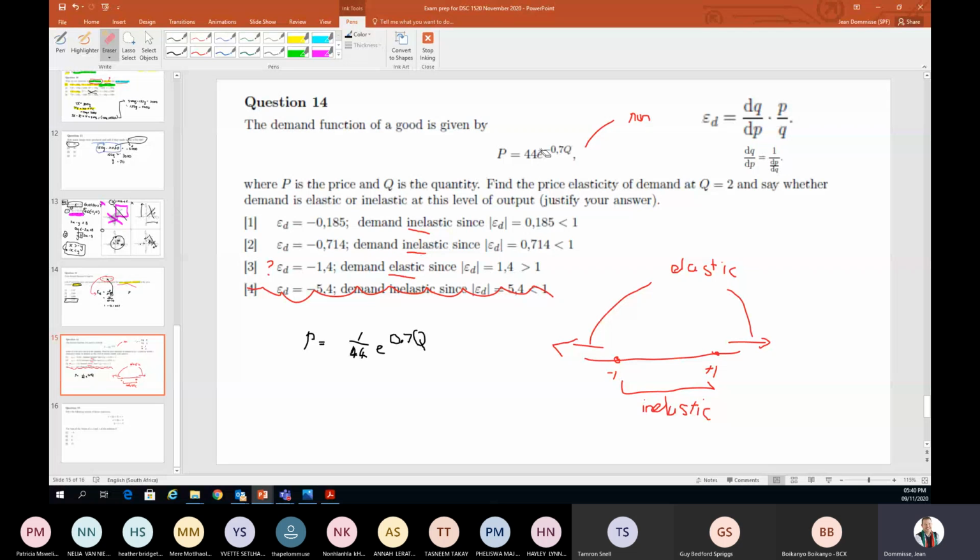E to the power of... wait, was it not? No, it can't be just that.